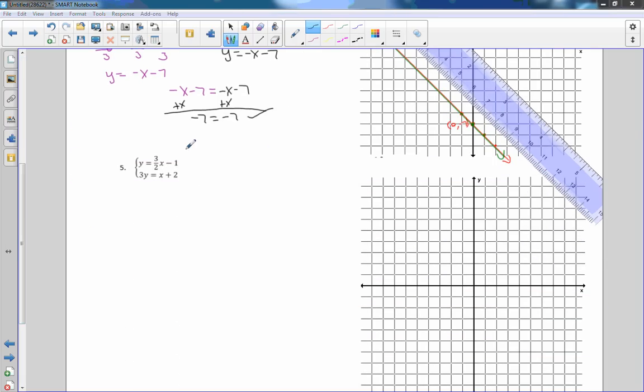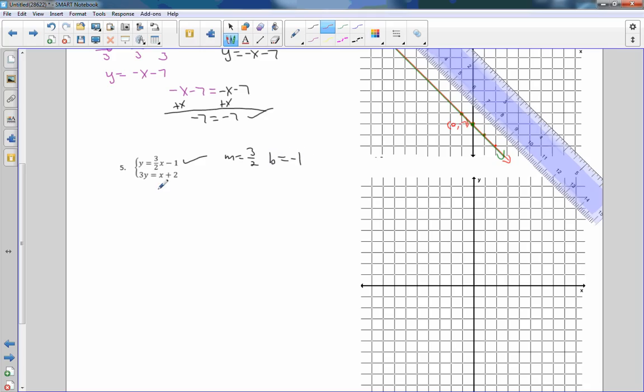Okay, so since we have to solve these algebraically, I might as well just put them in slope-intercept form each time. So the first one is already in slope-intercept form. So I have y equals 3/2 x minus 1, where m equals 3 over 2, and my y-intercept is negative 1.